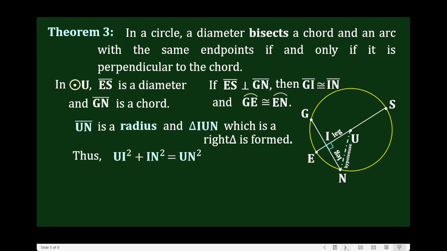If we verbally interpret this formula, it states that the sum of the squares of the legs in a right triangle is equal to the square of the hypotenuse.